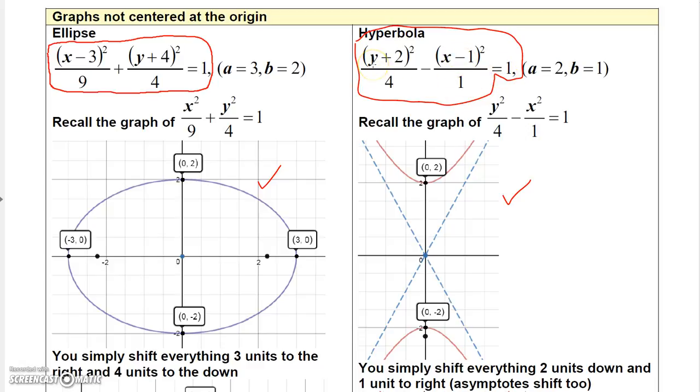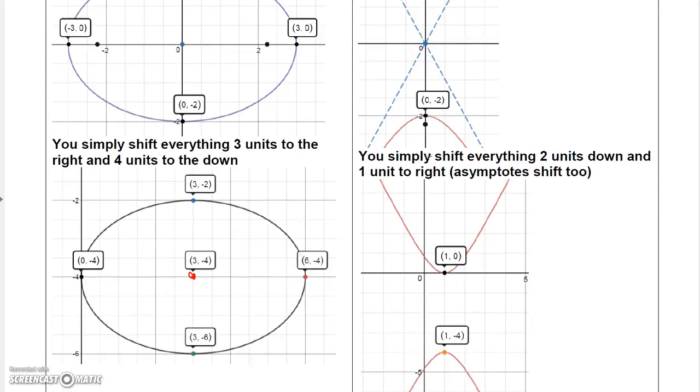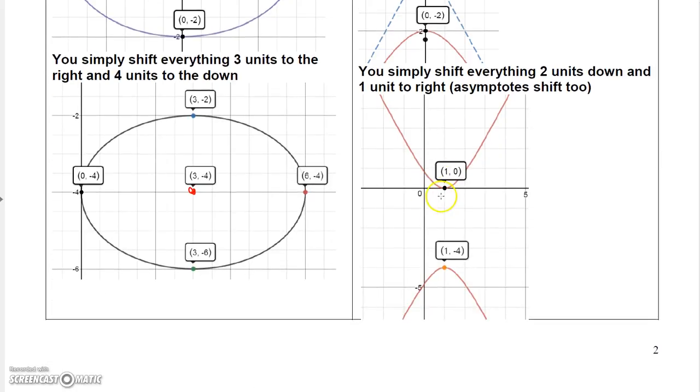But if we replace y with y plus 2 and x with x minus 1, that means to get the new x values, we'd have to shift it to the right 1 unit, and to get the new y values, we'd have to shift it down 2 units. So I'm going to take this hyperbola and shift it down 2 units and to the right 1 unit to get the new points of the hyperbola.